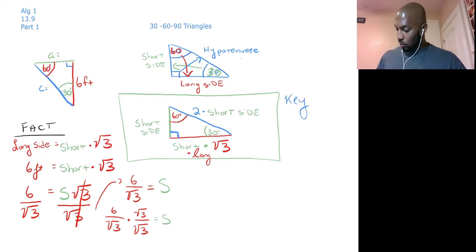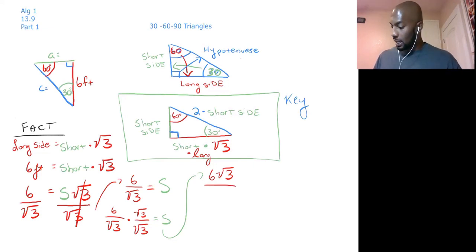What this will do, it will turn out to be 6 times rad 3 on the top, because I can't really do much with that. And when I multiply radicals, I put whatever's underneath the radicals together. So it becomes rad 3 times rad 3, equals s.